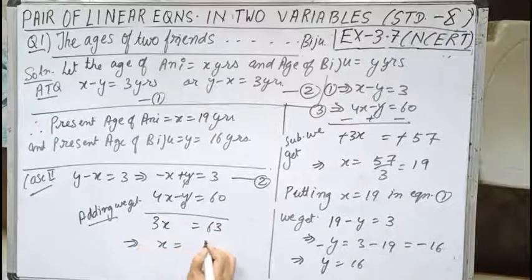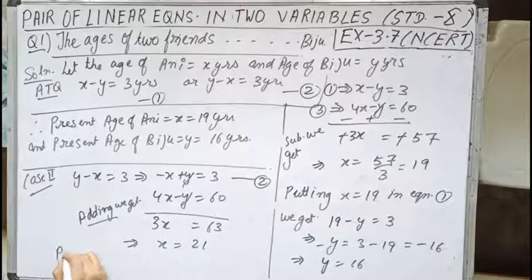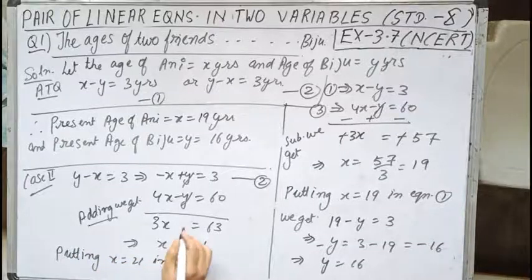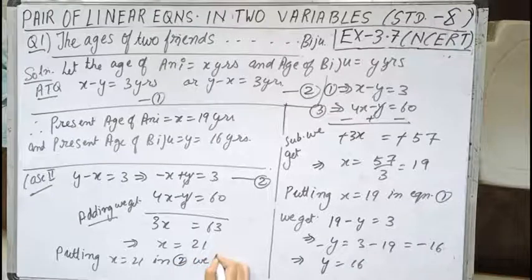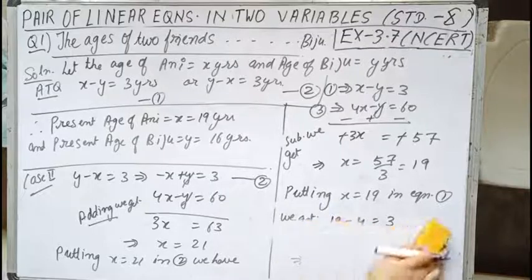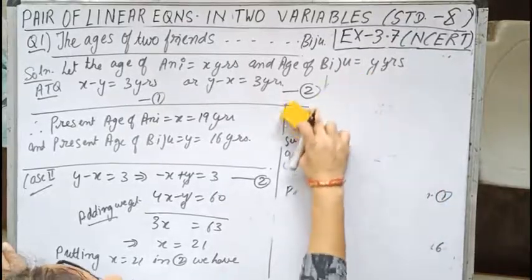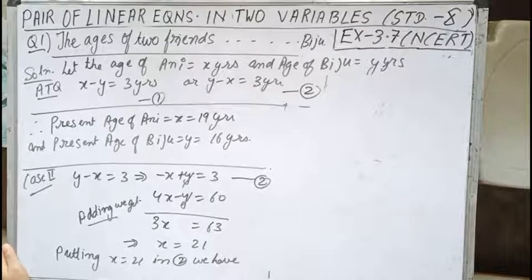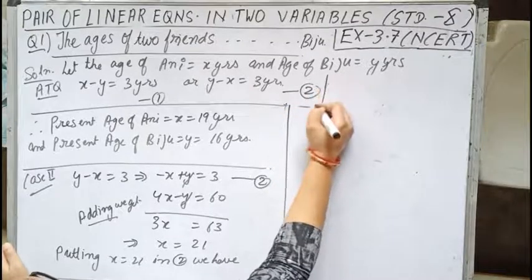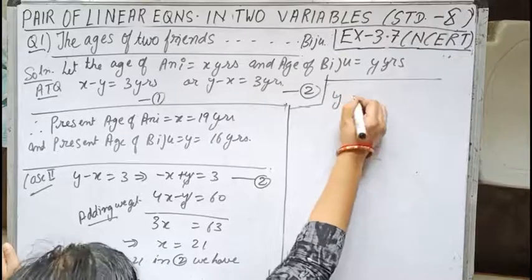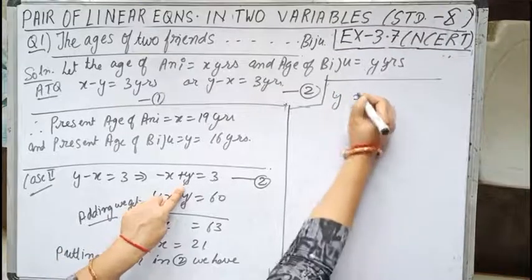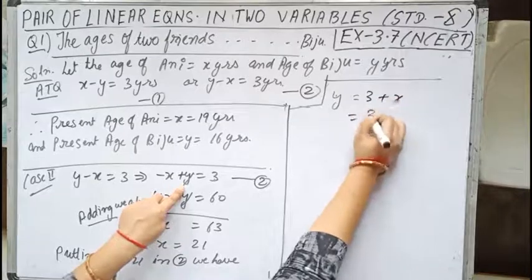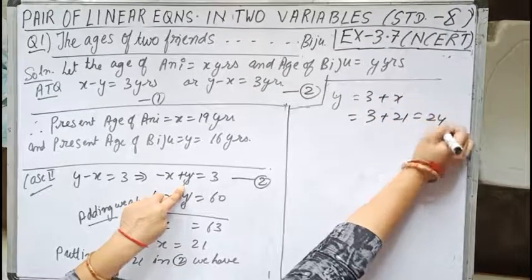This implies x equals 21, and putting x equals 21 in 2, we have y equals 3 plus x equals 3 plus 21 equals 24.